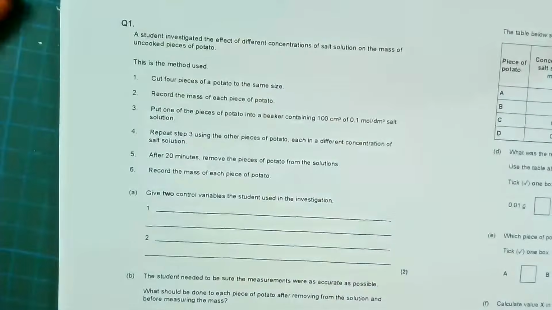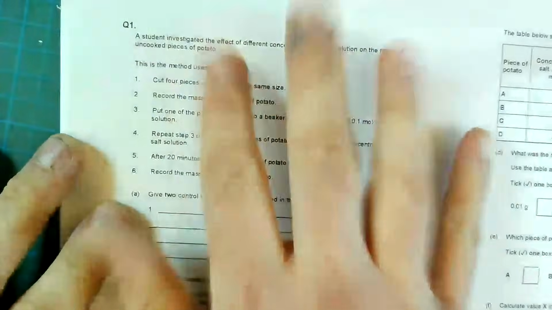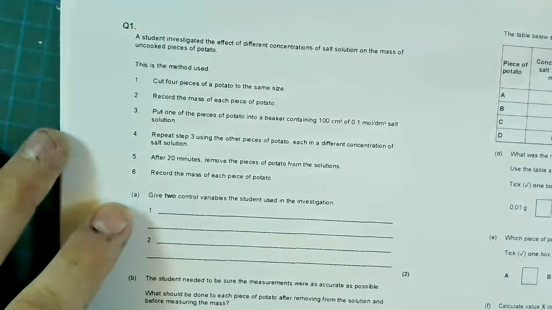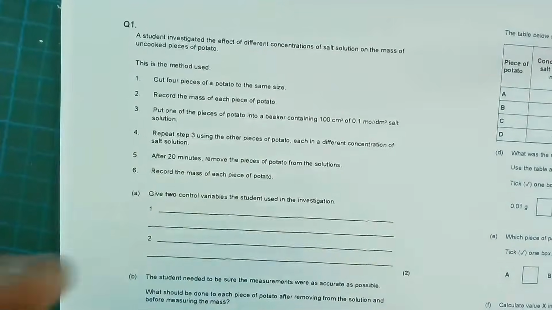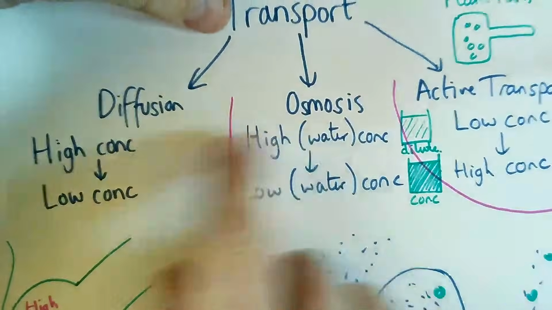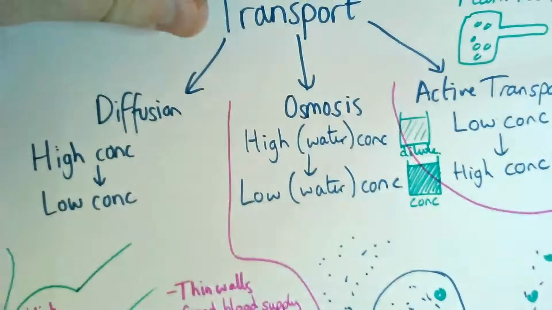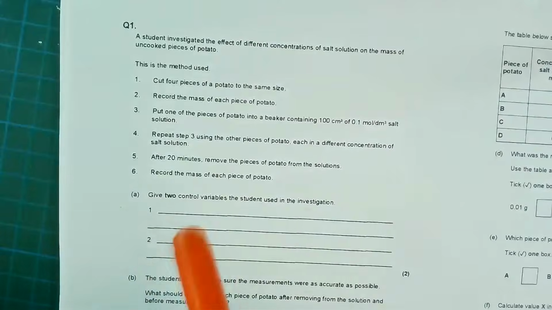But here we've got a student investigating the effect of different concentrations of salt solution on the mass of uncooked pieces of potato. Sometimes they ask why they use it uncooked, because if you cook it, all the cell membranes will burst. Osmosis needs to happen over a membrane. So if you haven't got a membrane, that won't work.